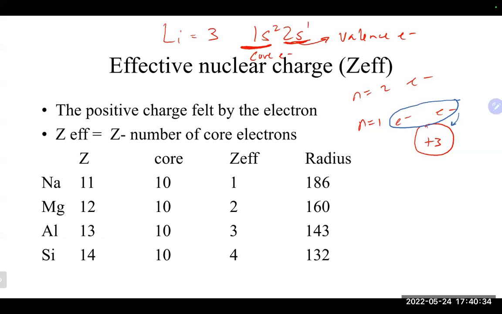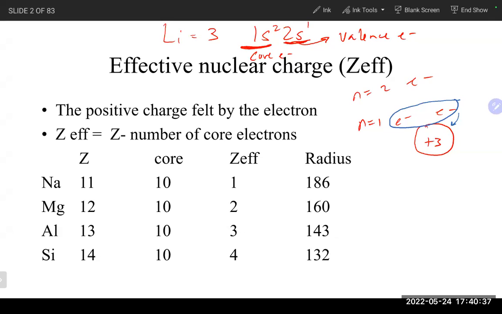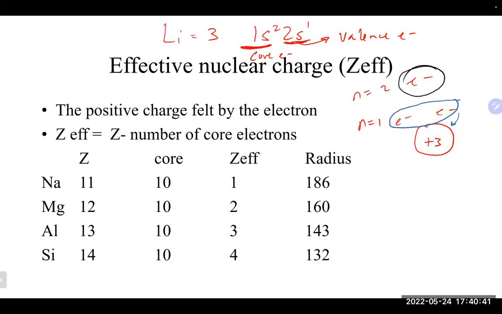When we look at our valence electron, hanging out on the outside here, it's not really feeling the full force of that positive 3 charge because it's experiencing what we like to call shielding. That electron on the outside is shielded from the full positive charge of the nucleus by those lower energy electrons. They kind of get in the way.